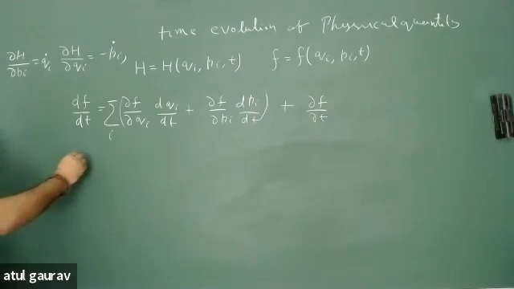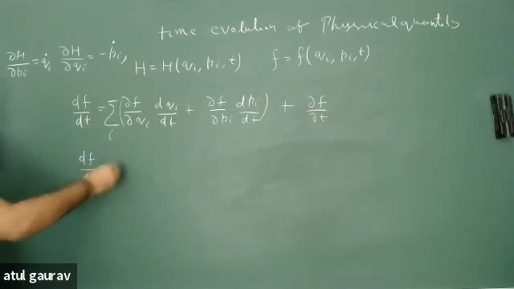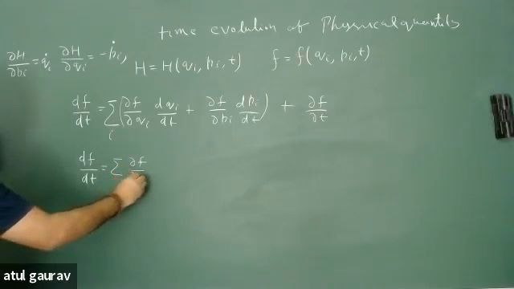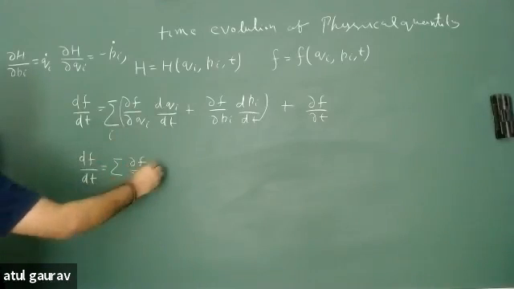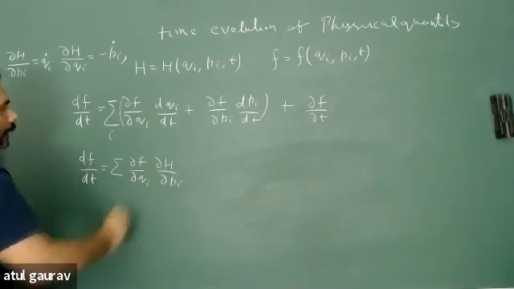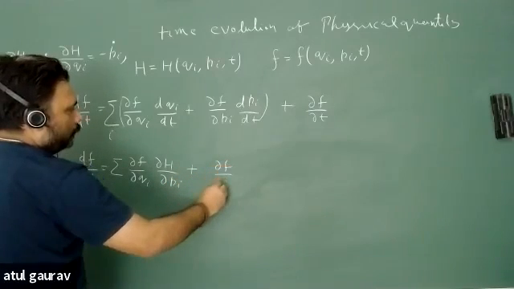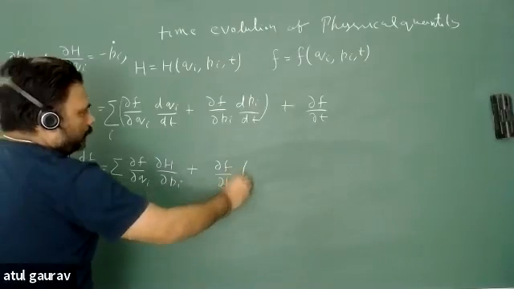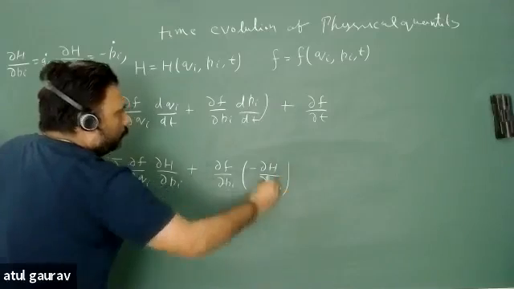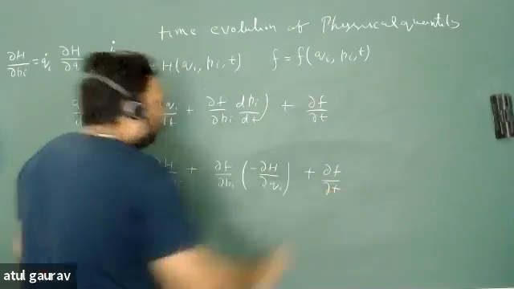So we have df upon dt, and this will be del f upon del qi times del H upon del pi, plus del f upon del pi times minus del H upon del qi, plus del f upon del t.